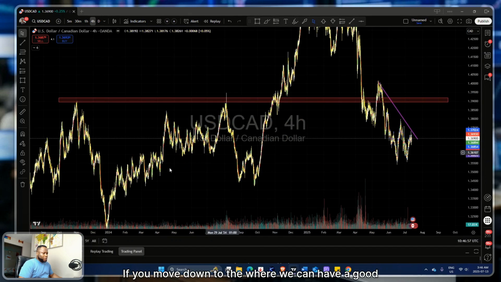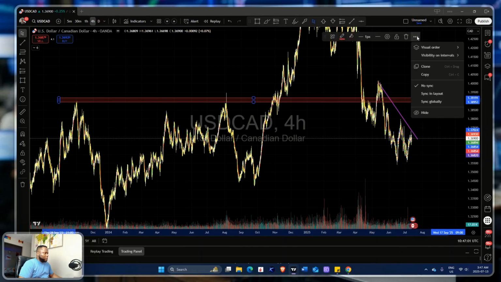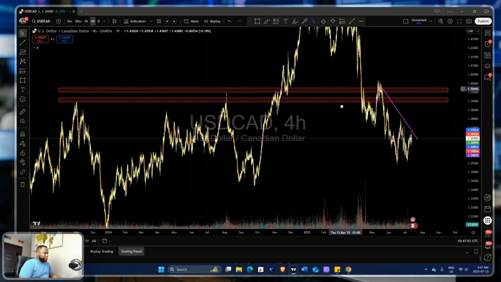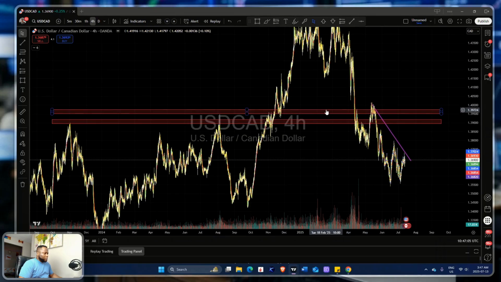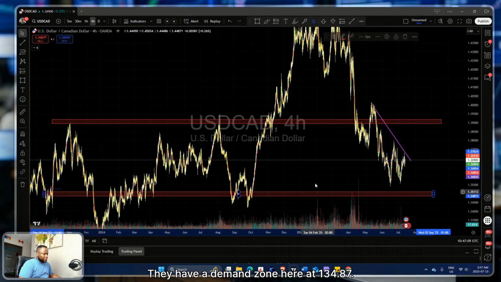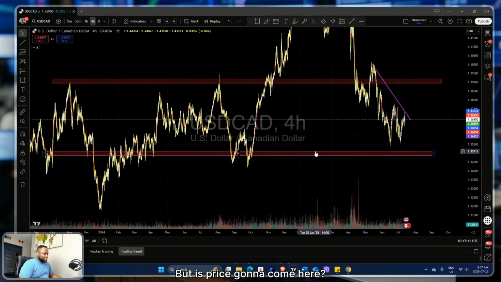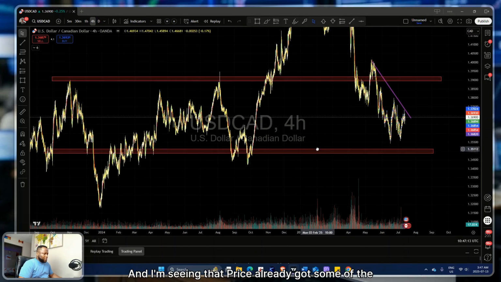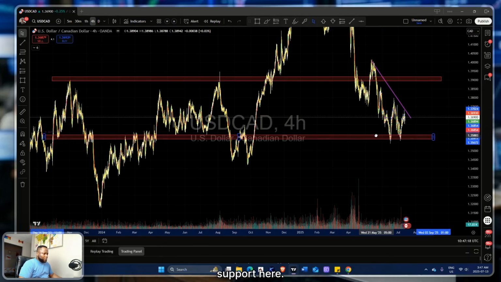If we move down to where we can have a good demand zone, we have a demand zone right here at 134.87. But is price going to come here? Maybe not. I'm seeing that price already got some of the liquidity here twice. We have a support zone at 135.55, give or take.